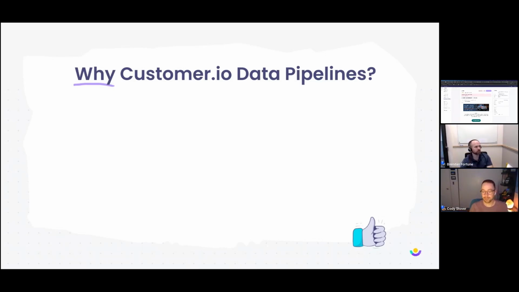So just like any product, Customer IO CDP is not for everyone, but I'll get into some of the ways that I would make that decision. The first one is what are you trying to do with the data that you're trying to consolidate?